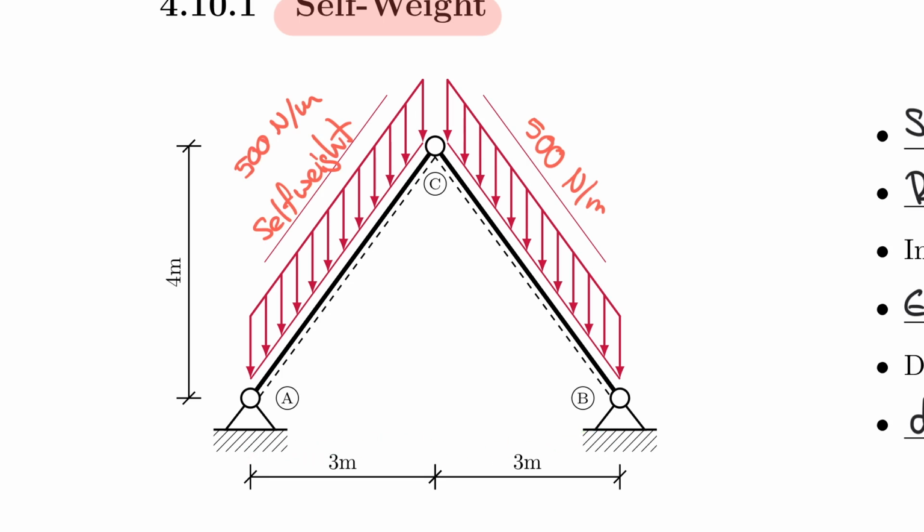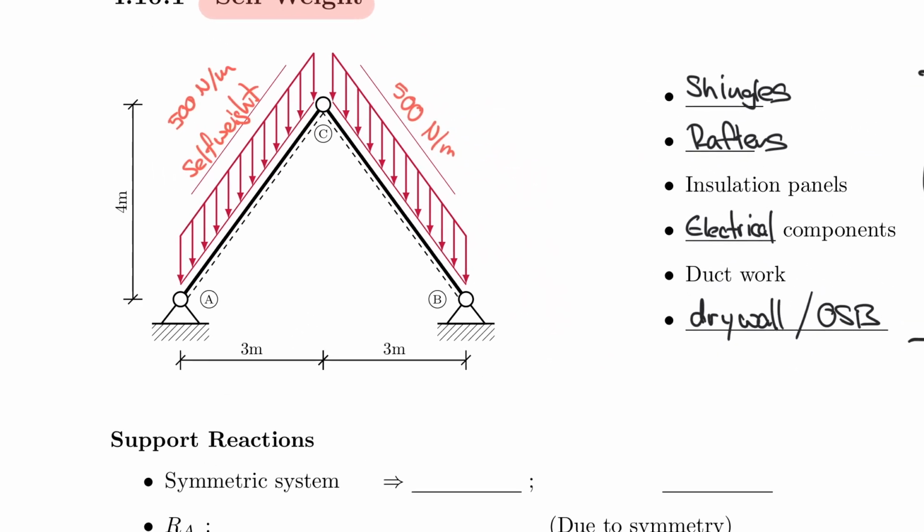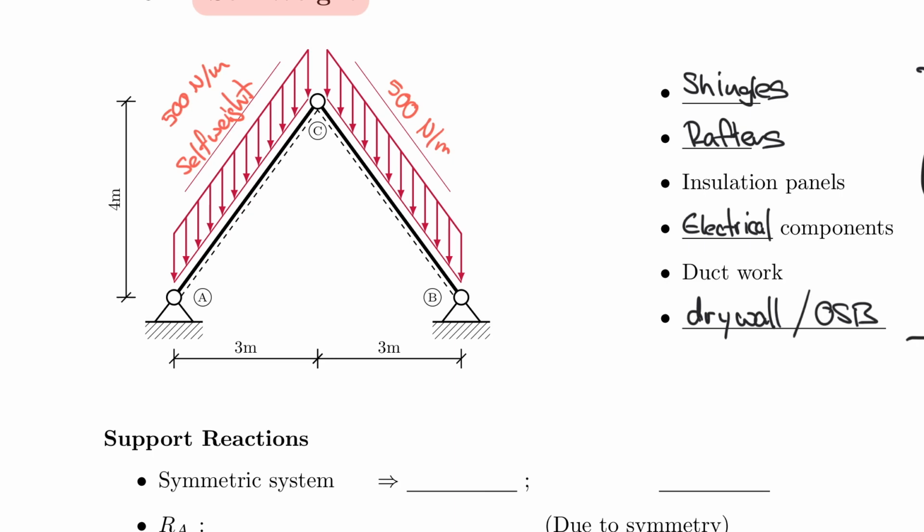We now need to discuss the support reactions, because before we can analyze any internal forces, we always need to look at the support reactions. You know from the previous lecture that we effectively have two support reactions. Let's call these RAY and RBY. We also must have RAX and RBX.